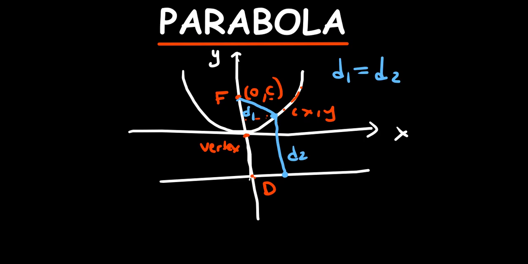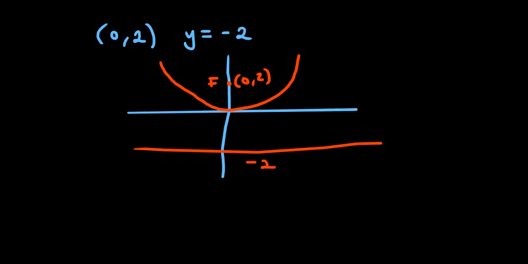In this case we are looking at situations where we have the vertex at (0, 0). You will understand further on that the vertex might change and might not be (0, 0), but for now let us consider all cases where it is (0, 0). So back to this question. This is our parabola, we have our directrix down there, and we have our focus. Then we are told to find the equation of this parabola. So how do we do that?